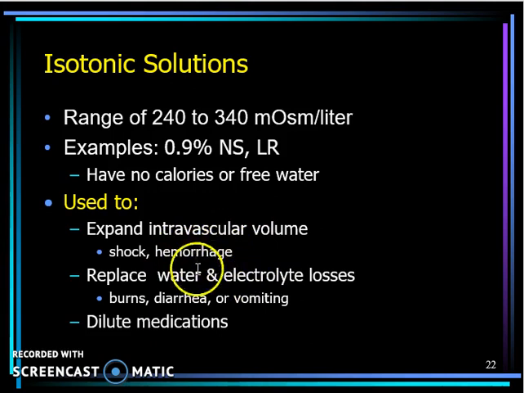It's just going to expand our volume, possibly replace some water or electrolyte loss. It's an excellent IV solution for diluting medications. It's also fantastic for someone who is hypotensive and symptomatic. You can give a lot of IV fluid in a hurry with isotonic solutions because it's exactly the same consistency as your actual blood cells.